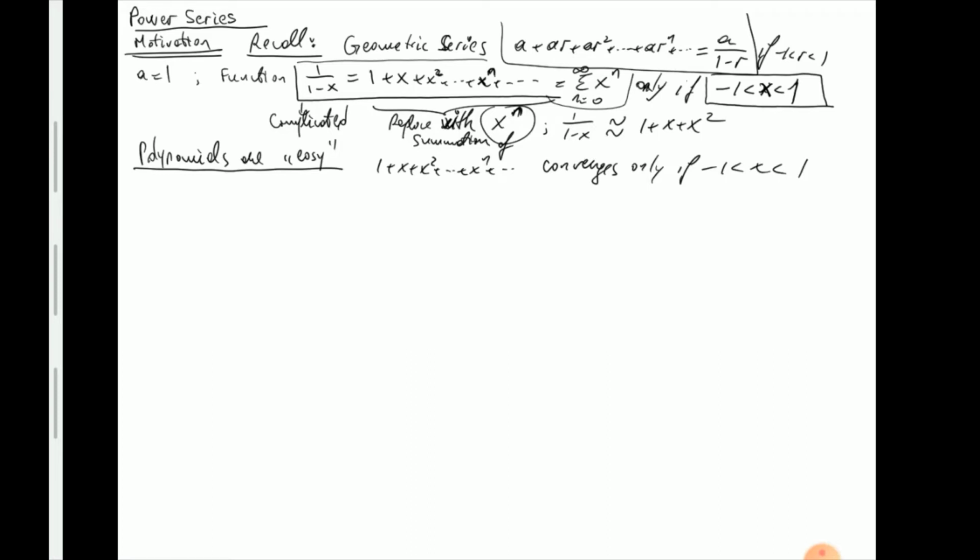So this equality is not valid for any x. You can't just replace this with 1 over 1 minus x for any x. Only if x is between -1 and 1. So you could try in Maple, for example, or if you don't have Maple, you could try, for example, Wolfram Alpha on the internet.